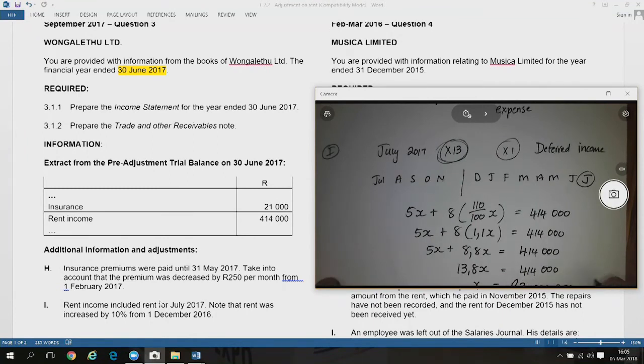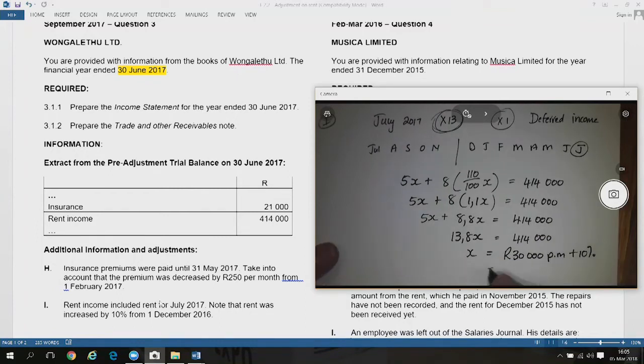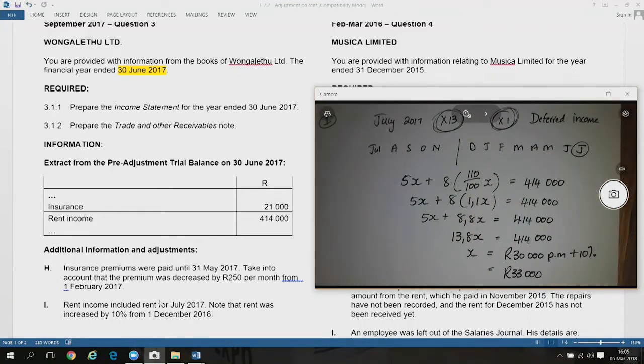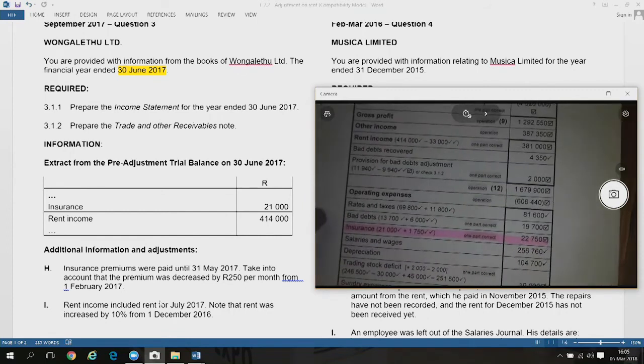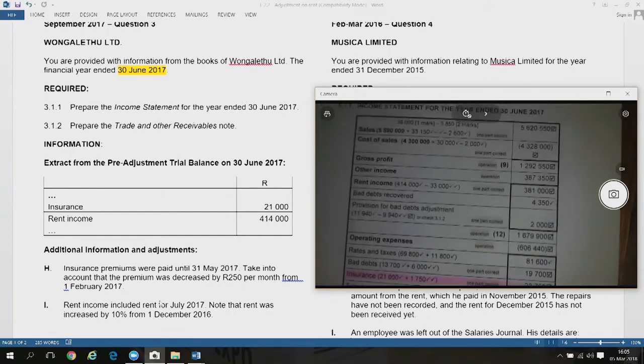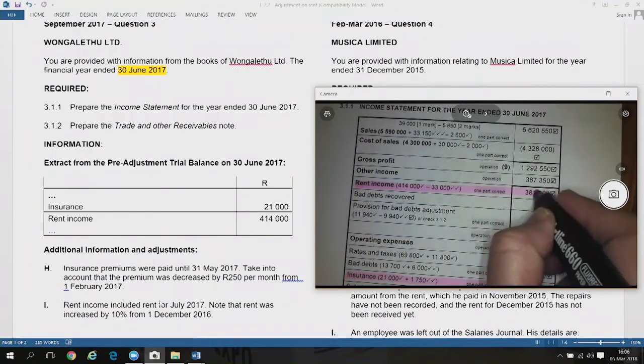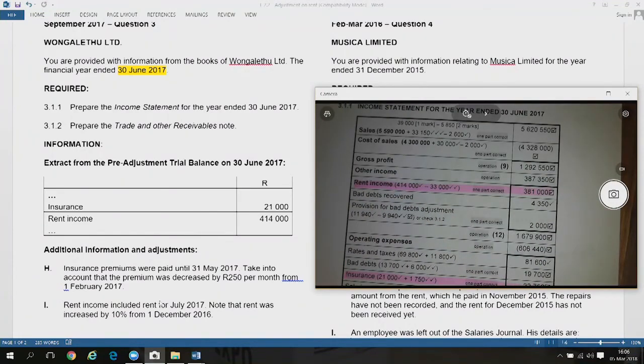Before the increase, plus a 10% increase, that gives us 33,000 Rand that we must minus for deferred income. So in your income statement, the rent income will be 414,000 minus the 33,000.